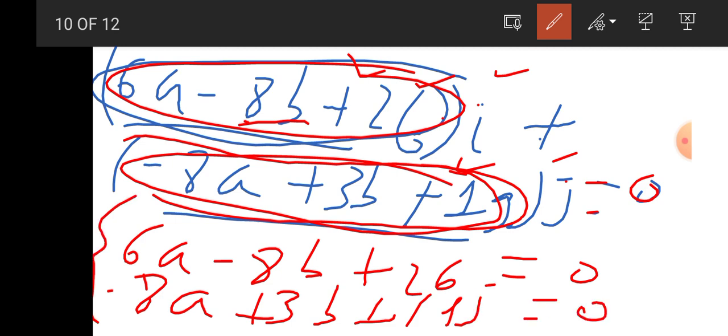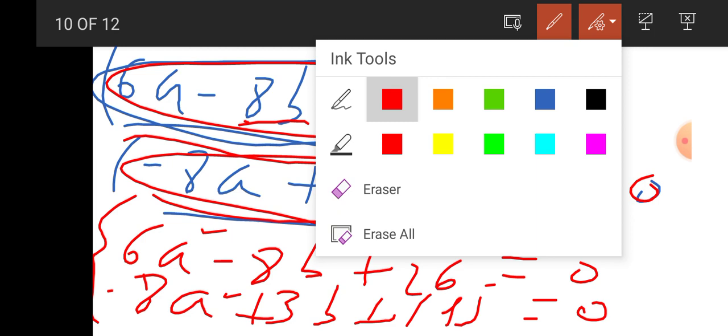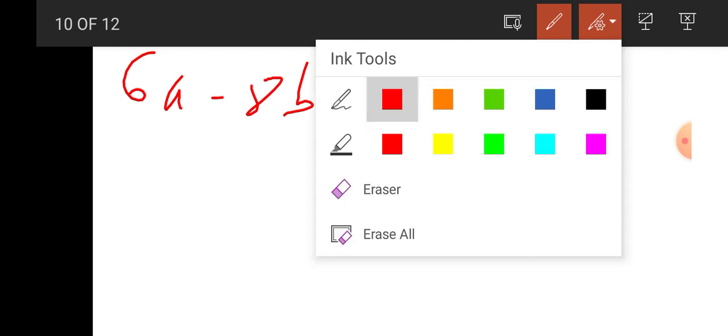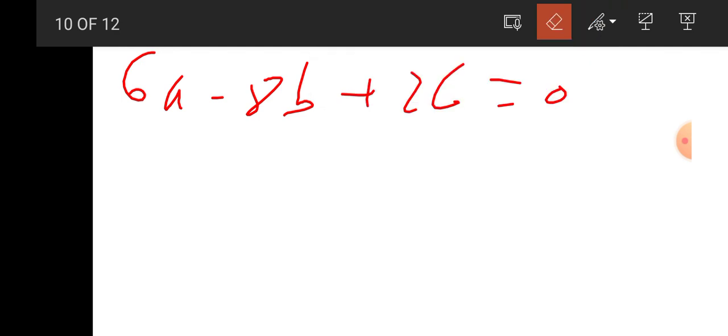አሁን ሁለት ቫሪያብሎች አሉን A B፣ ሁለት ኢኩዌሽን ስላለን ሳይመልቴኒየስ ኢኩዌሽን ተጠቅመን A እና B መፈለግ እንችላለን። ይሄ ማለት አሁን ያገኘነው ሁለት ኢኩዌሽኖች: 6A minus 8B plus 26 is equal to 0, ማለት ይሄ ማለት 26 ወደዛ ሲወስደው ይሄ በምን መልኩ መጻፍ ይቻላል?